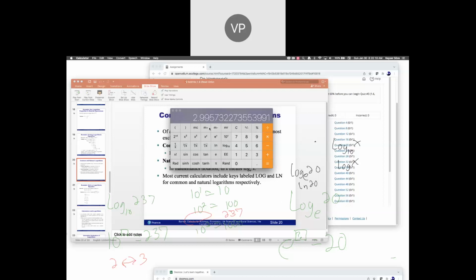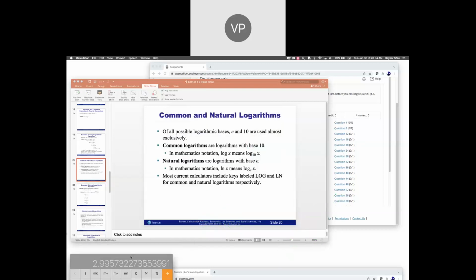And what that's saying is, if I took E, which is 2.7, to the 2.996, that's going to give me 20. Never going to be perfect, but it's going to give you 20. They're asking what's the power you can put on there. This is how you can use your calculator to find those different things. Okay?